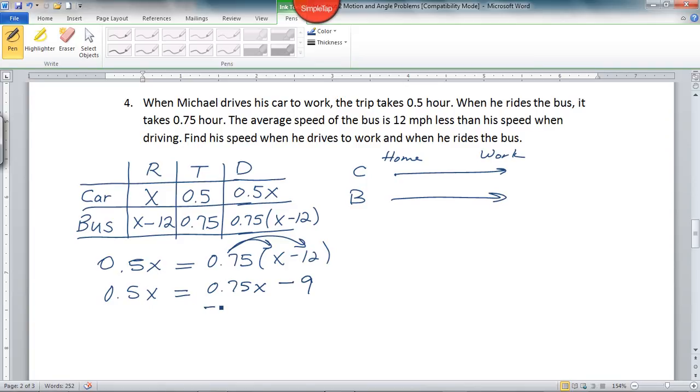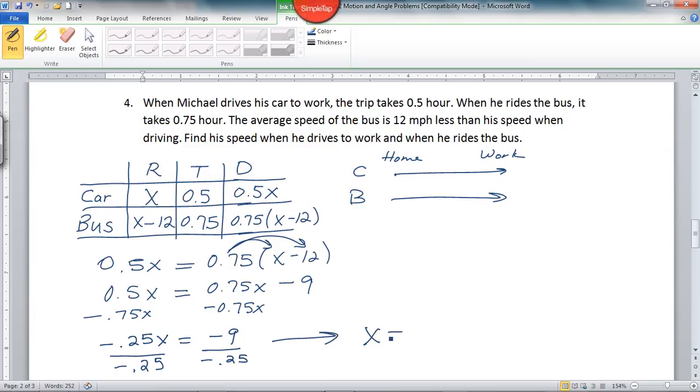The x is on one side, so subtract the 0.75x. 0.5 minus 0.75 is negative 0.25x equals negative 9. So we divide by negative 0.25. That gets us x equals 36.